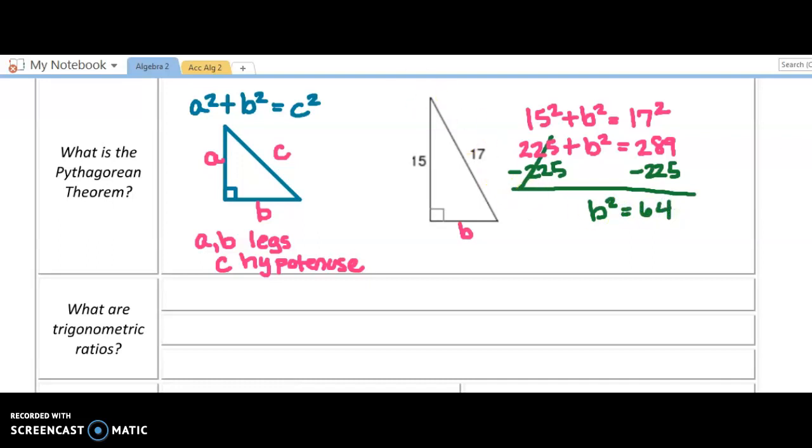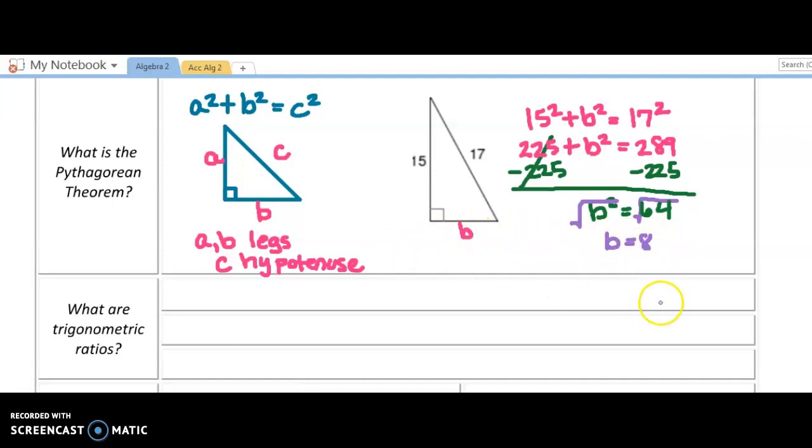And then, of course, our last step would be to take the square root of both sides. And so b would be 8. Normally we would say positive or negative 8, but since this is the side of a right triangle, we're going to stick with just the positive. So this length here would be 8.